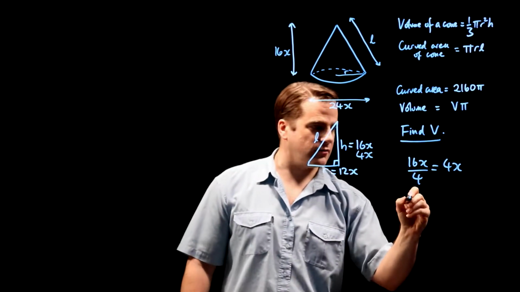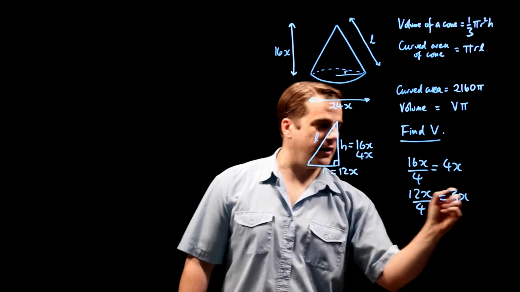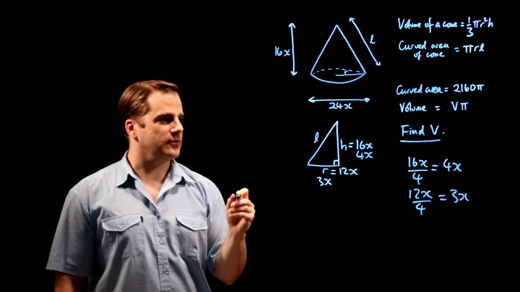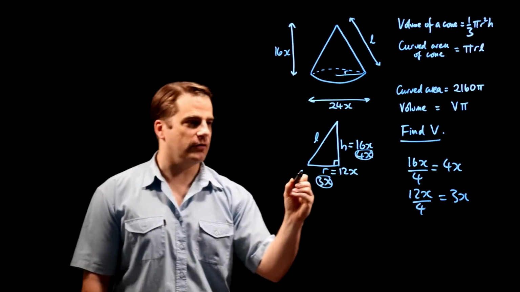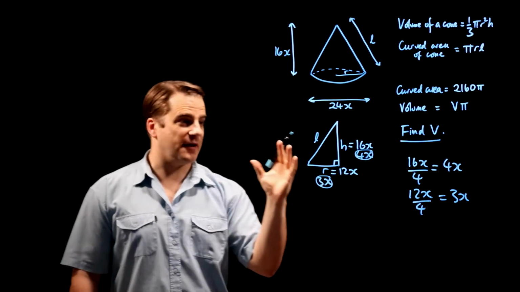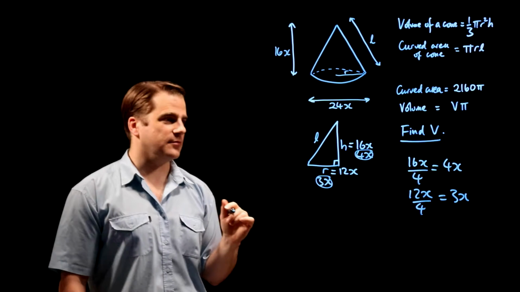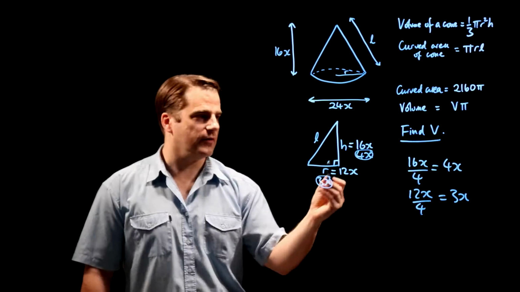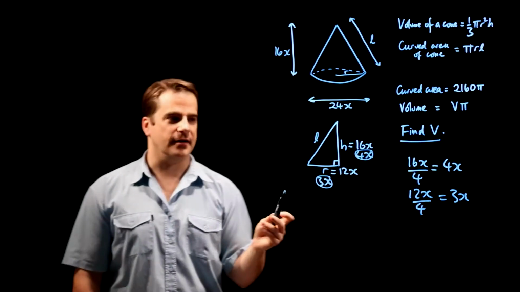If we divide 12x by 4, we get 3x. So 3x and 4x, that is definitely a 3, 4, 5 Pythagorean triangle. It's just that they've multiplied the 3 by 4 to get 12, and the 4 by 4 to get 16.